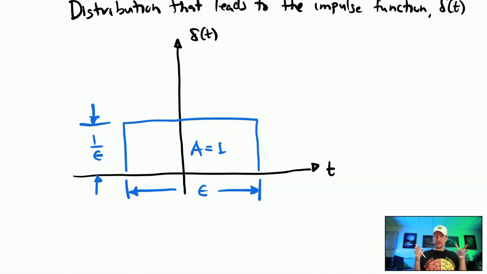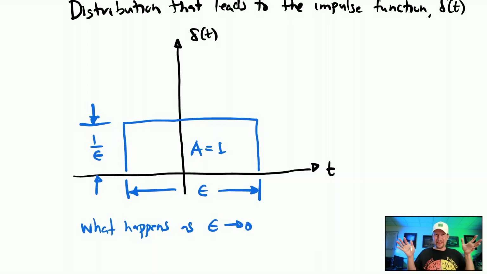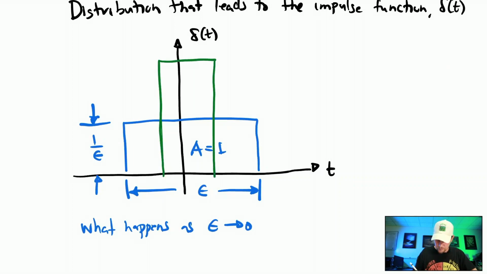On top of that, take a look at what happens when you actually end up shrinking epsilon. As epsilon starts approaching 0, its length starts shrinking, but its height, because it's 1 over epsilon, starts actually getting bigger and bigger. So as it shrinks, you end up with a series of functions whose area is still 1.